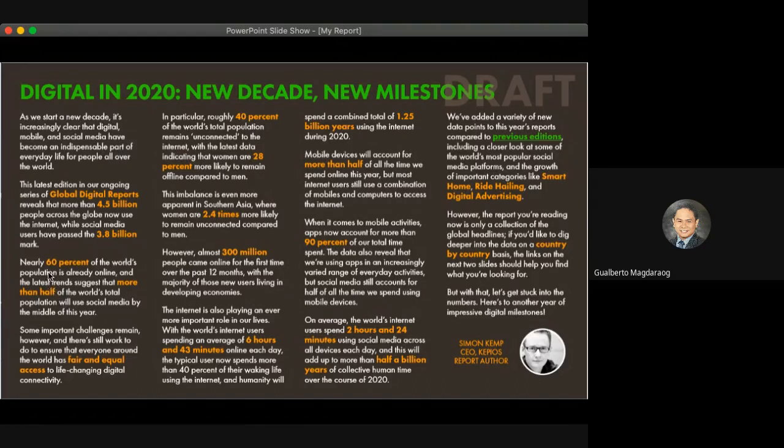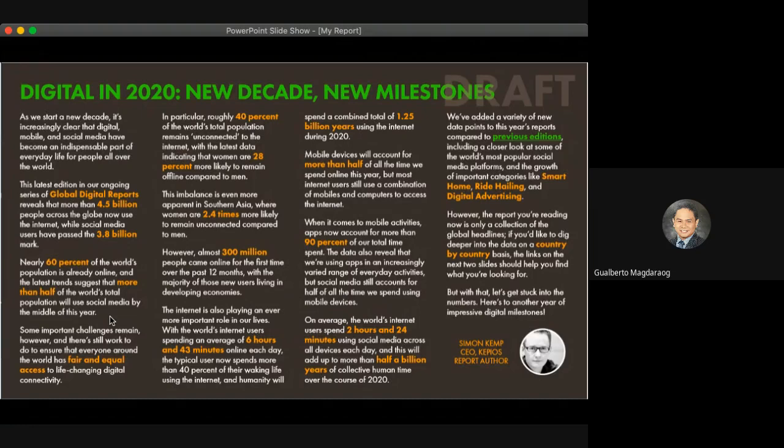Like for example, nearly 60% of the world's population is already online. And the latest trend suggested that more than half of the world's total population will use social media by the middle of this year. Okay? This is 2020. So imagine if half of the world's population is already online.